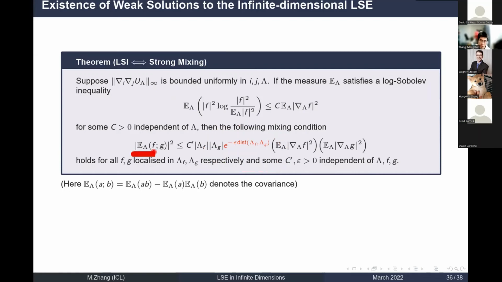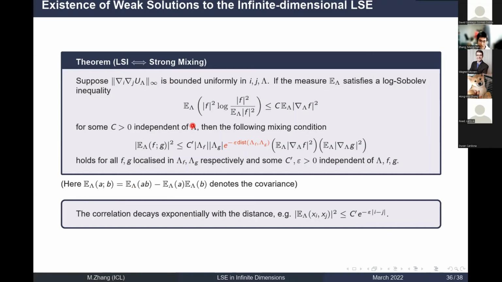And this E lambda of fg is basically the covariance between f and g. So what this tells us is that if we have this functional inequality, then the correlation in our system will decay exponentially with the distance. For example, if we consider the particles xi and xj, then the covariance decays exponentially like this.